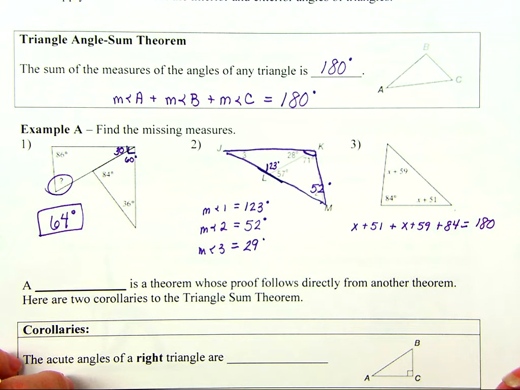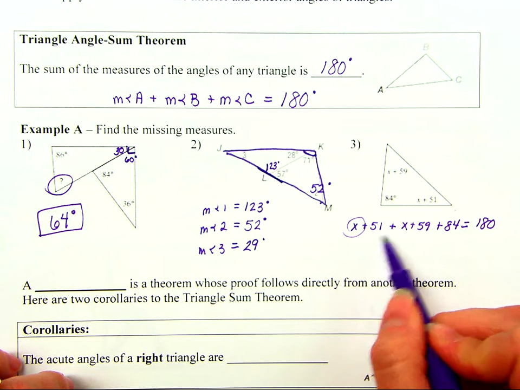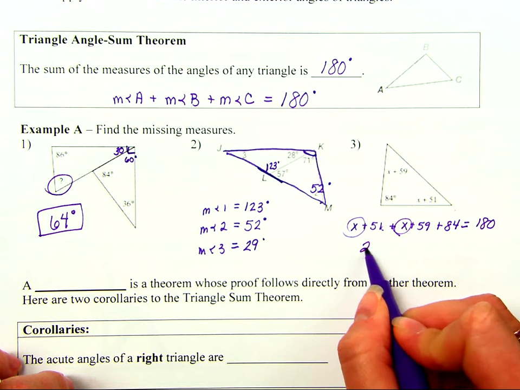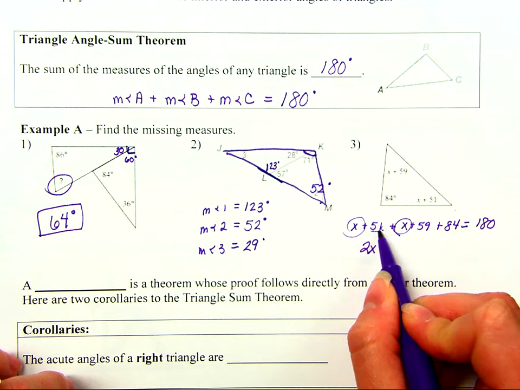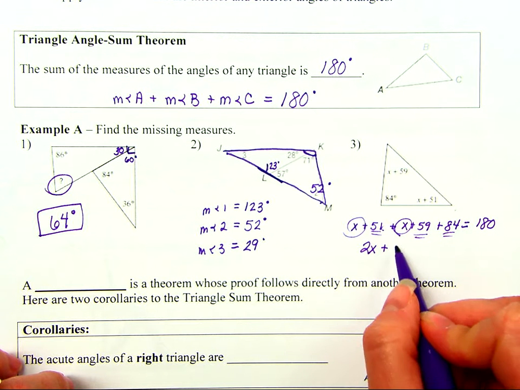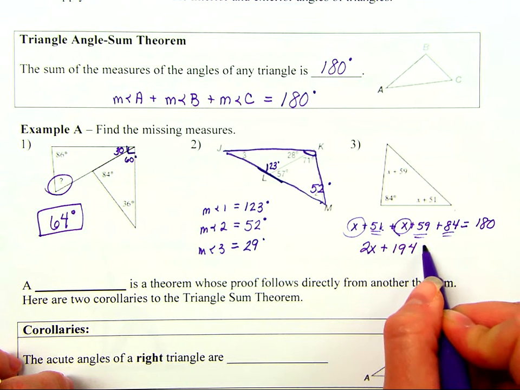Now I'm going to combine my like terms. If I have x plus x, and 51, 59, and 84 would give me 194.